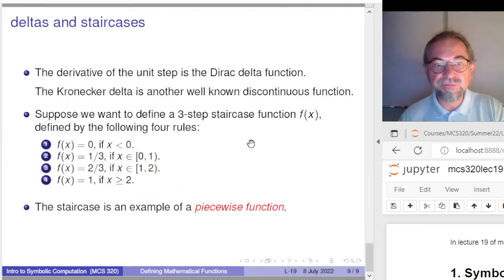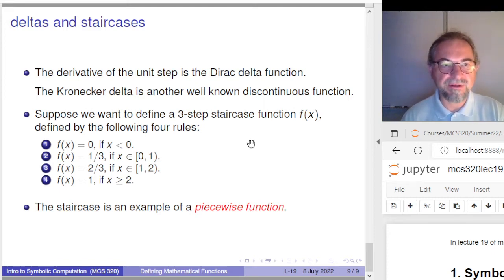Take the derivative of the unit step and you have a function that's everywhere 0 and a spike at the origin. The Kronecker delta is a function of two variables, 0 whenever the two arguments are different, 1 if the two arguments are the same, so that's a very well known discontinuous function.